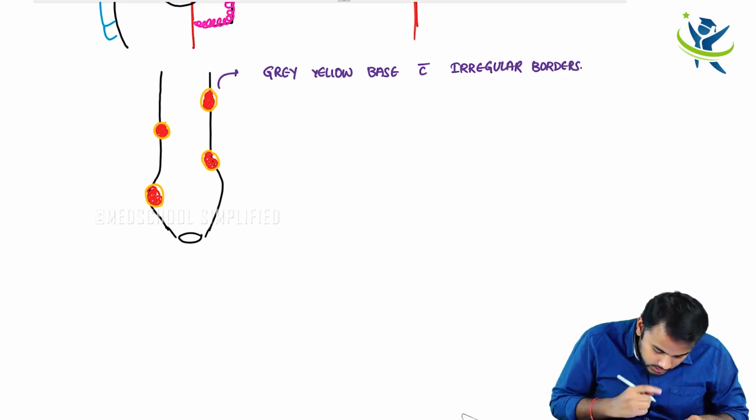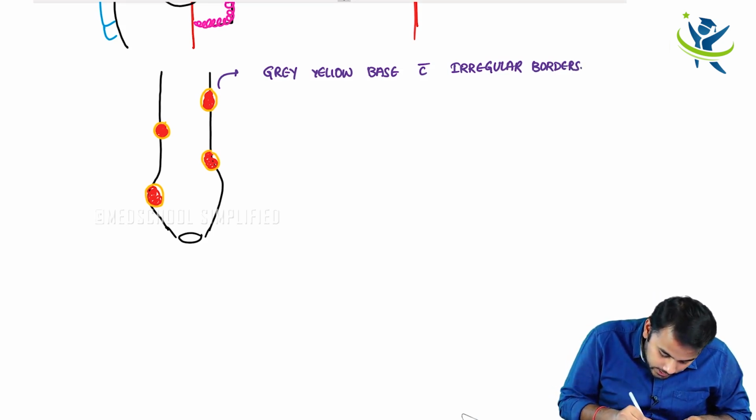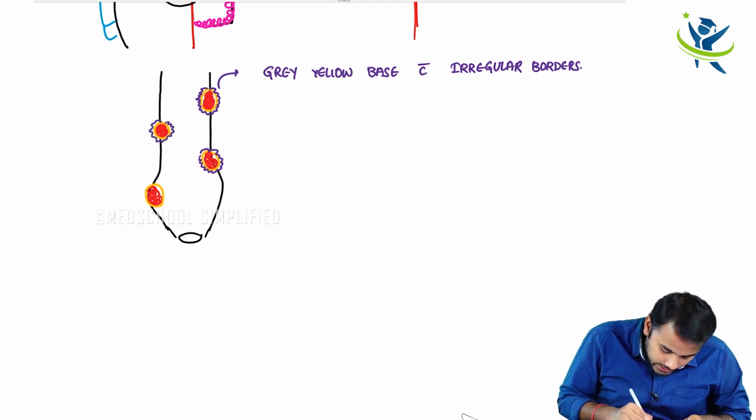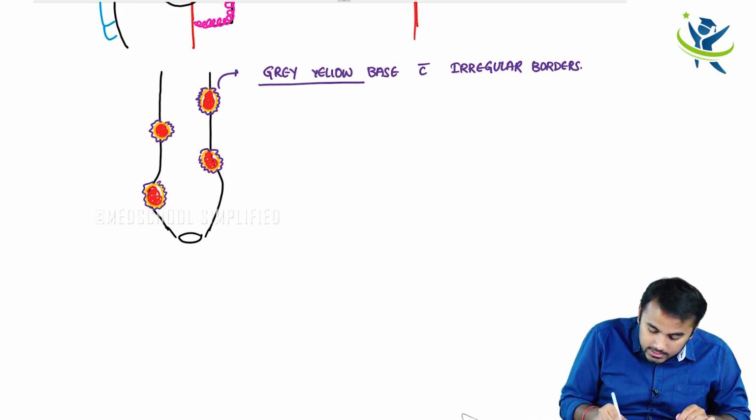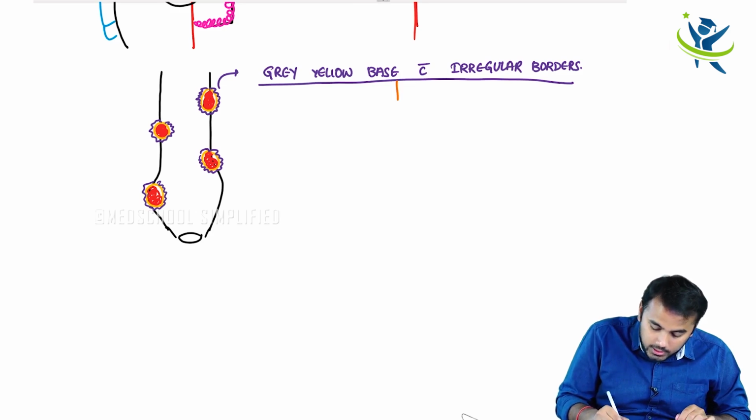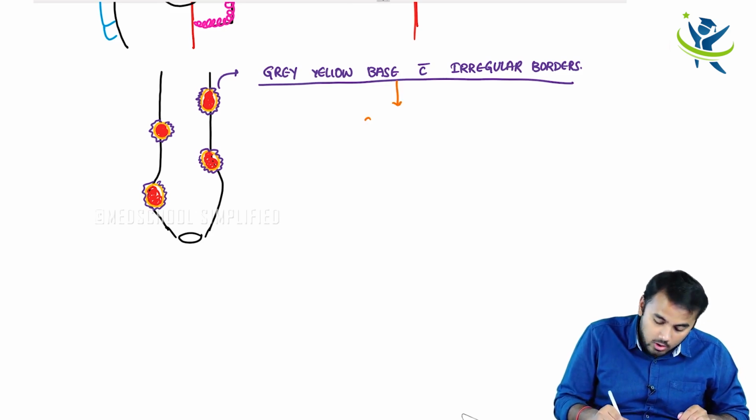Now, don't think the borders are fine. Why did you tell it as irregular? Okay, let me draw it as irregular now. So these are irregular borders. A gray yellow base with an irregular border is a characteristic representation of the ulcer. And this ulcer, guys, is called a genital ulcer or chancroid.